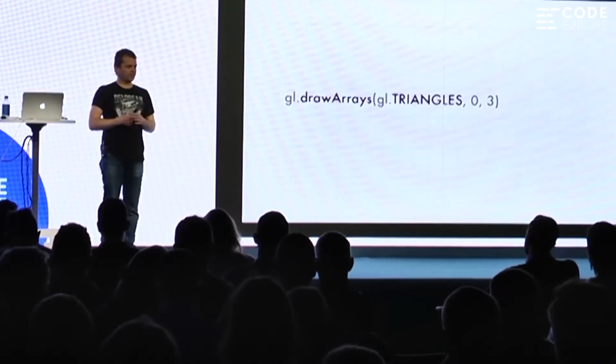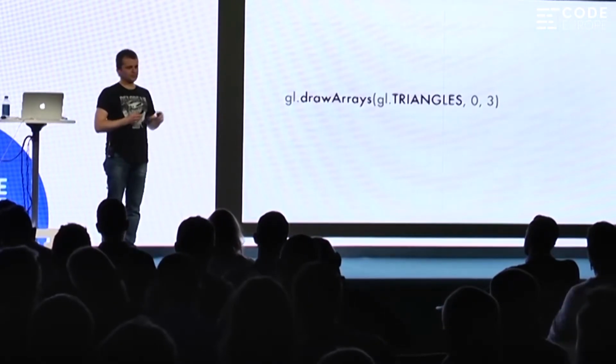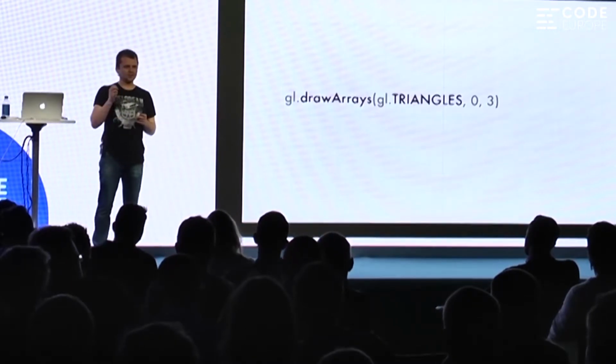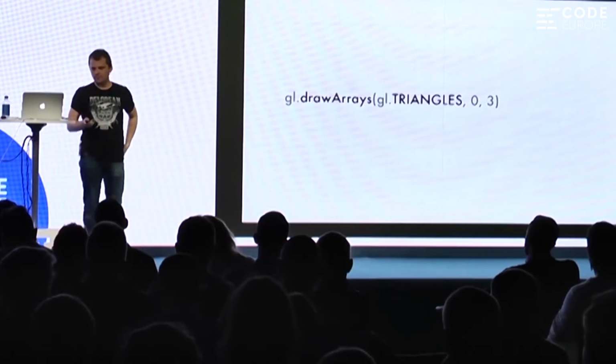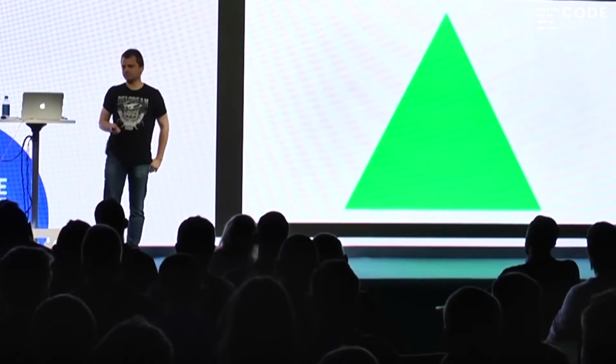For the start, before you have any problems with that, only concern yourself with triangles. It's the easiest one to understand. It's the easiest one to work by hand and set positions of things. And at the end, we get the triangle.